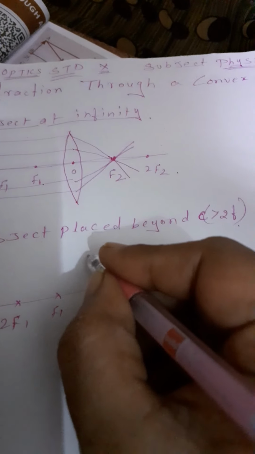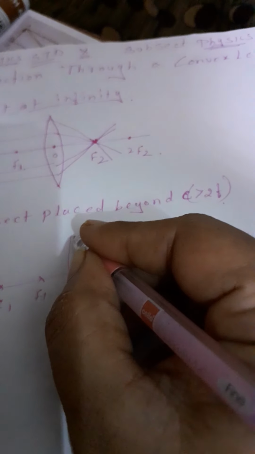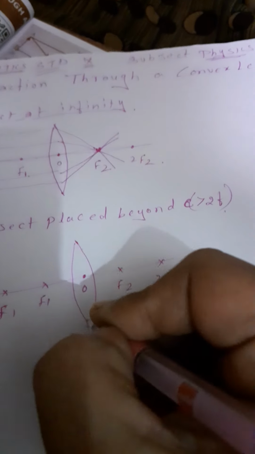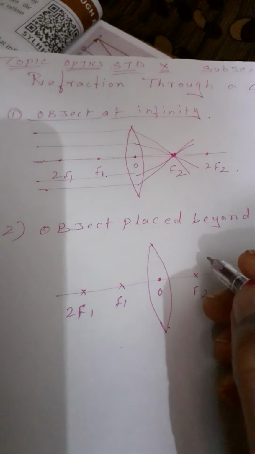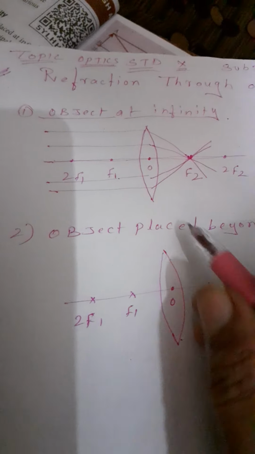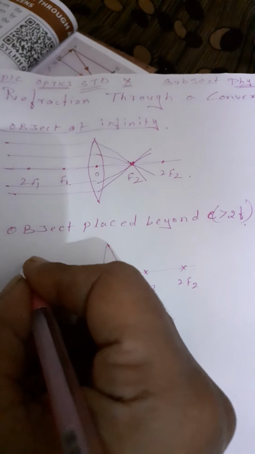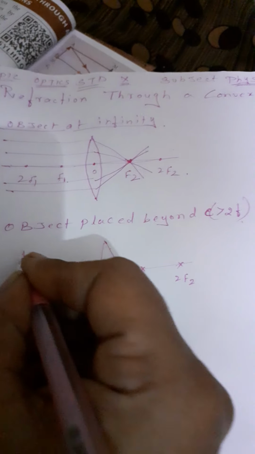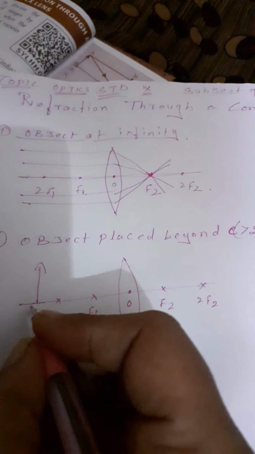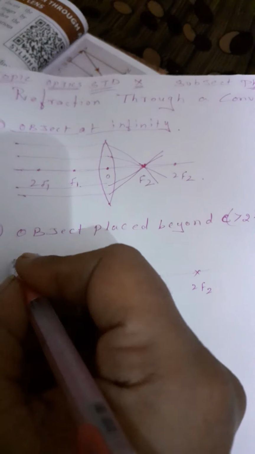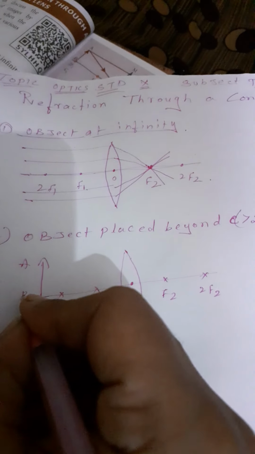There you have to draw a convex lens. After drawing the convex lens, what is the condition? Object is placed beyond C or greater than 2F. So I am keeping an object beyond 2F, and noting it as AB.